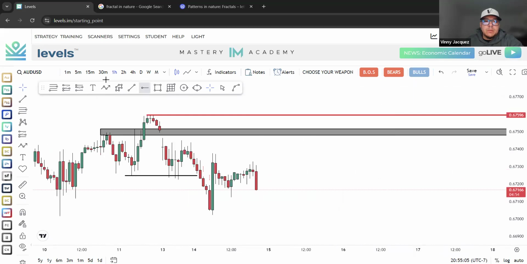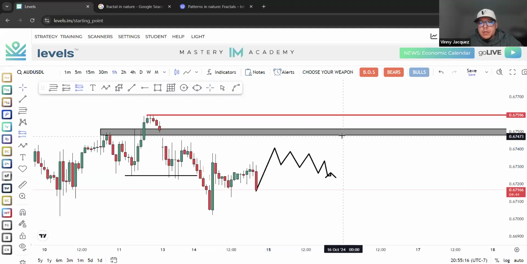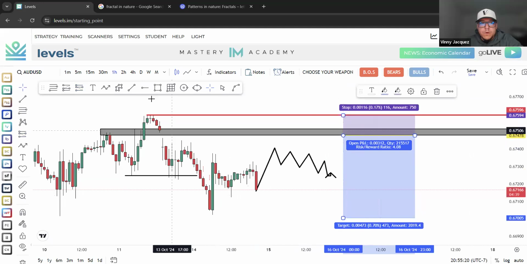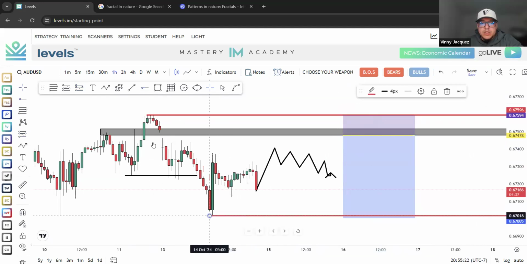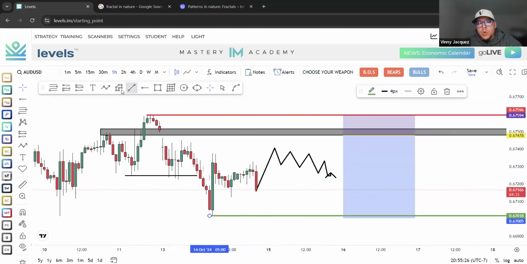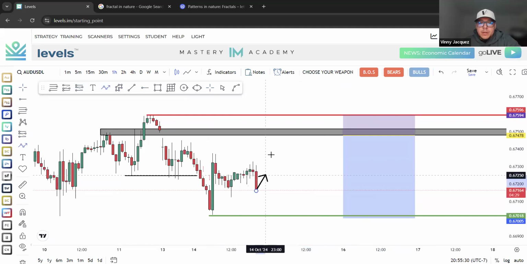As of right now, let's just say the market does this, boom, consolidates. Okay, cool. Now, let's just say hypothetically we were able to take something like this. This is a 1 to 4 just off of structure, right? This would be the low that I would be looking to tackle. Why? Because if market was able to make its way back up and give me this sell opportunity, right?